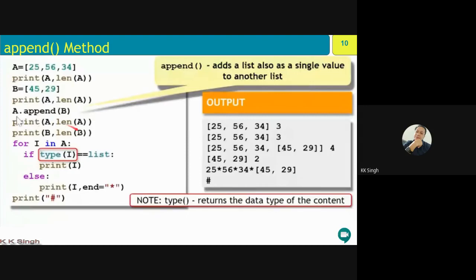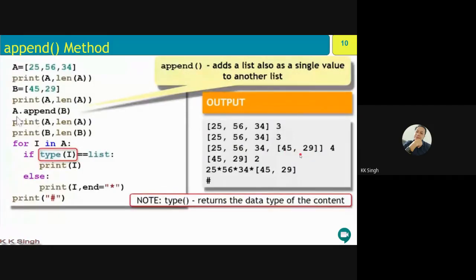So now A will become 25, 56, 34, and the new list is added, so it becomes a nested list, 45 and 29. The number of elements of this list is 4 only: 1, 2, 3, and 4. Because 45 and 29 is a complete list, it is counted as one element. So this is on index 3.